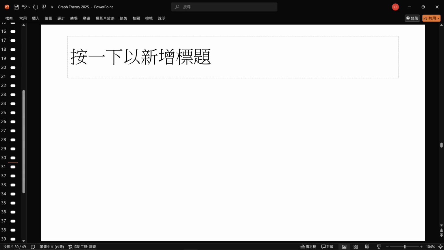Okay, so if Vn has delta neighbors, and this set has delta vertices. So if one of these vertices is not adjacent to Vn, this means that Vn is adjacent to some vertex in this set. Okay. Let's call this vertex x. Okay.